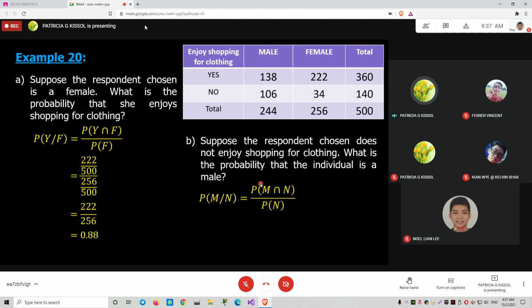What do you think the value of probability of M and N is? 106. Yes, so again, 106 over 500, and probability of no is 140 over 500. If you simplify it, of course, you get 106 over 140.